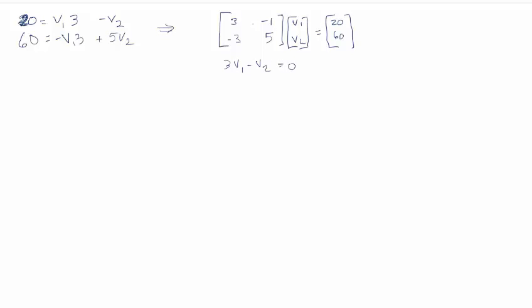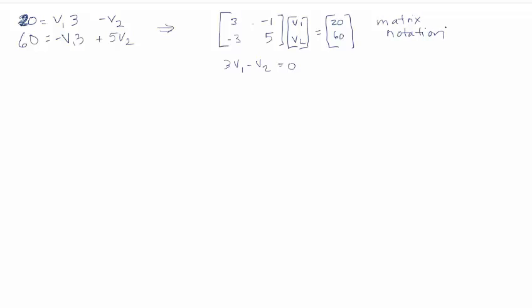So you get back that. So row times column equals a scalar number. This row times this column, you'll get the other scalar answer. So this -3 times this plus 5 times this, and you get that. So you get these two equations back, but I'm instead expressing it in matrix notation.